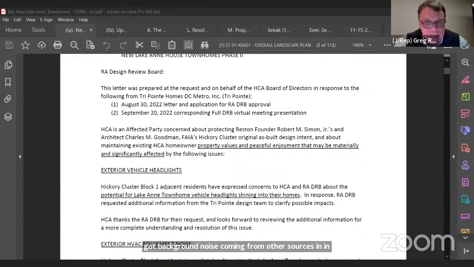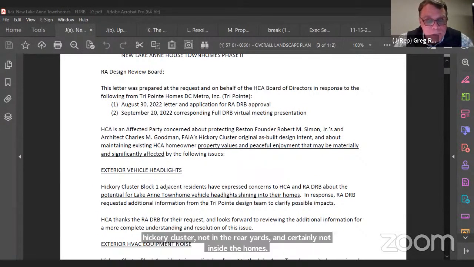Those things in combination take care of any concerns. Any HVAC units sitting right behind our homes would not be audible at Hickory Cluster, not in the rear yards and certainly not inside the homes. So we just don't believe this is an issue.